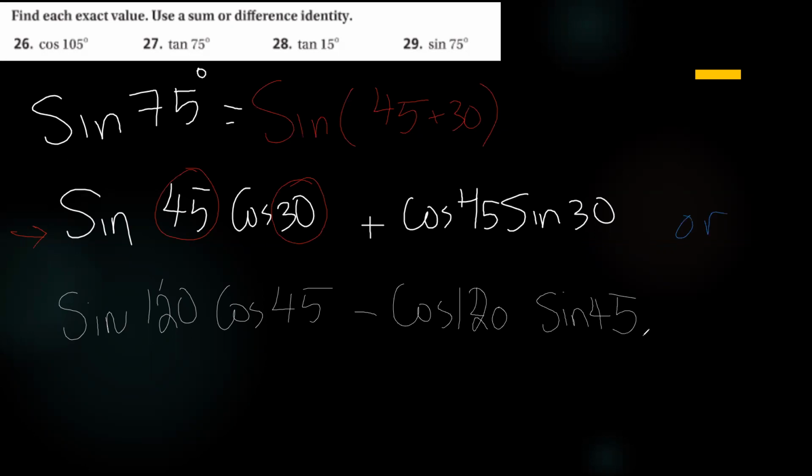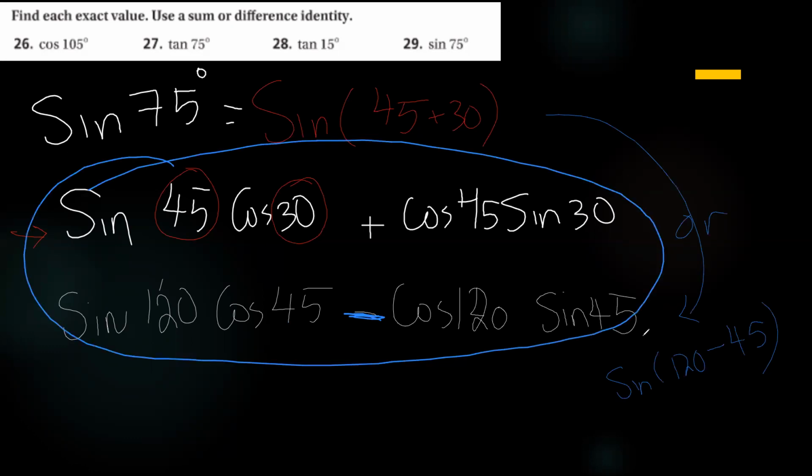Or you can say that it is sine of 120 minus 45, such as sine of 120 cosine of 45 minus cosine of 120 sine of 45. So both of them are correct.